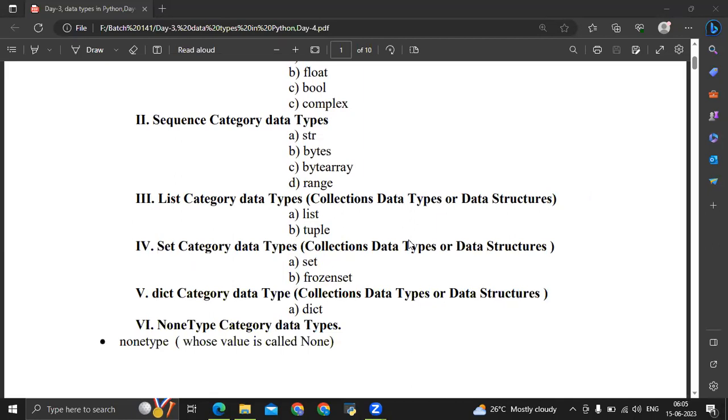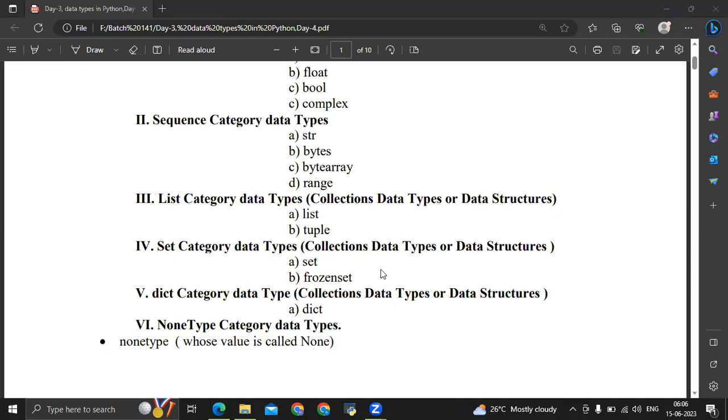List itself means collection of data or data structures. In this, we have list and tuple types. Then the set category data type, in which we have set and frozenset. Then the dict category, and the last one is the NoneType category data type.